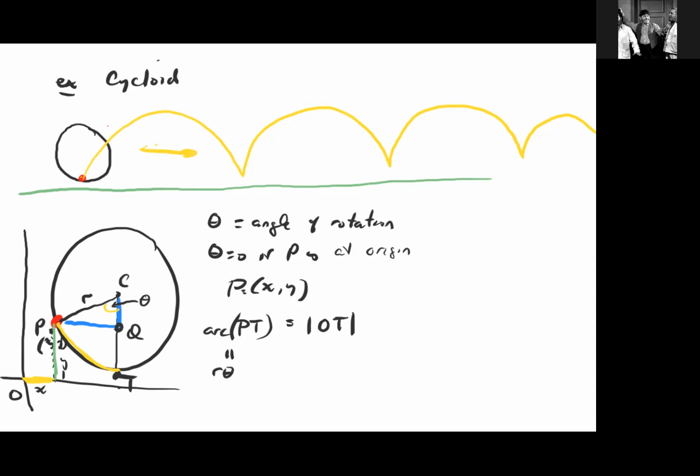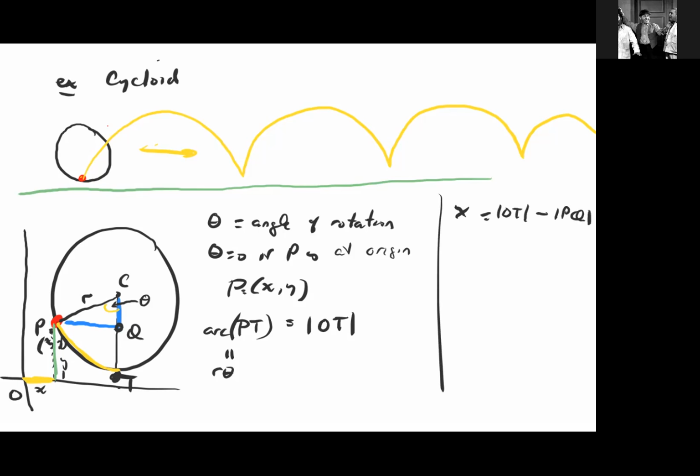Now, what are the coordinates of the point? Well, if you stare at this, x is given by the distance from O to T minus the distance from P to Q. P to Q is indicated in blue.